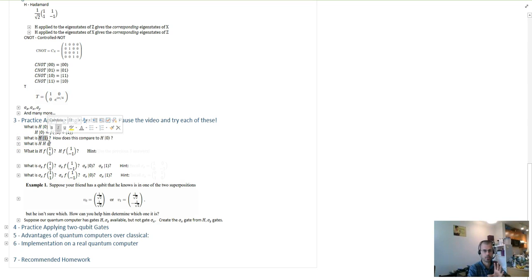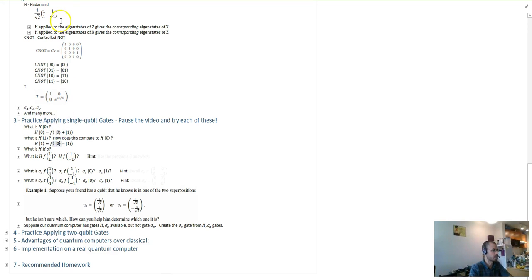So this is where you should stop the screencast, figure it out for yourself, and then I'll check the answer for each of these and skip, if it makes easy sense, just skip forward to the next one. Otherwise, my explanations might be helpful. So it picks out the second column, so in both of these cases, we're getting the probability is evenly split between these two, right?